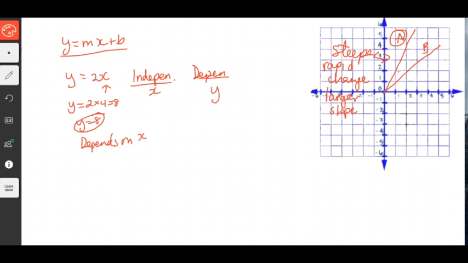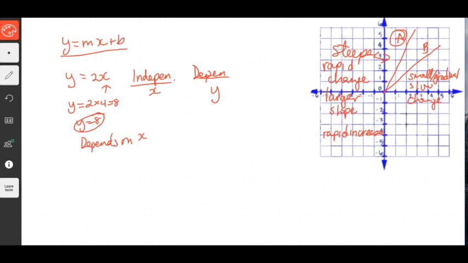And what else I'd like you to deduce from this line is that because this is a positive slope, a line running uphill from left to right, we are speaking about rapid increase in this scenario. And because B is not as steep, it will show small or gradual, or slow change.